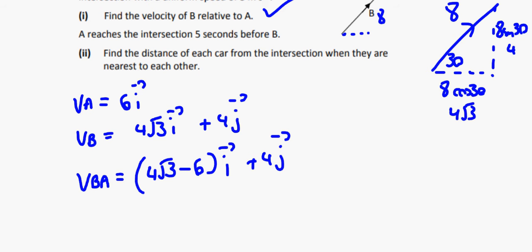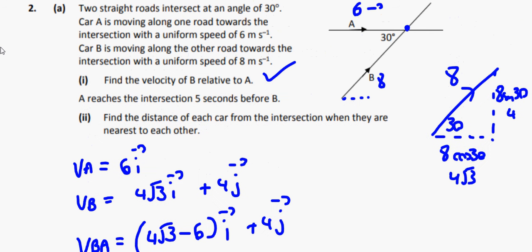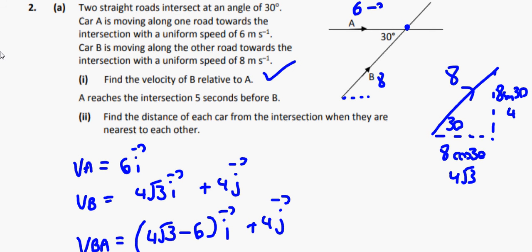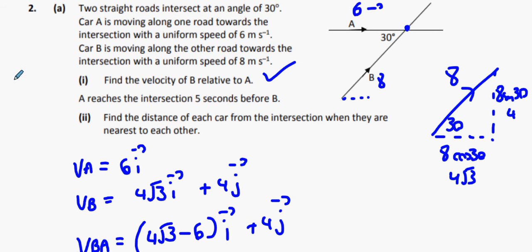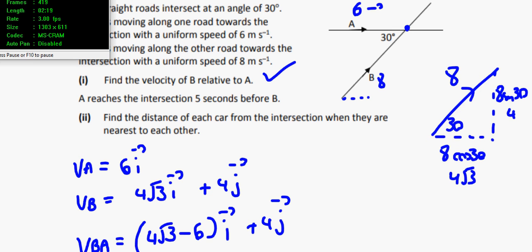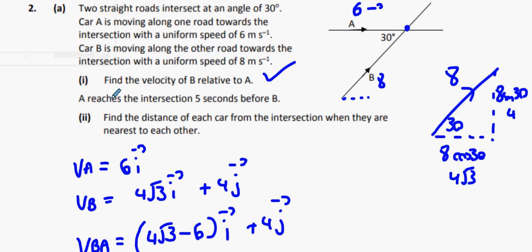A reaches the intersection 5 seconds before B. And find the distance of each car. It doesn't actually give you any distance, which makes it different than other questions we've done.